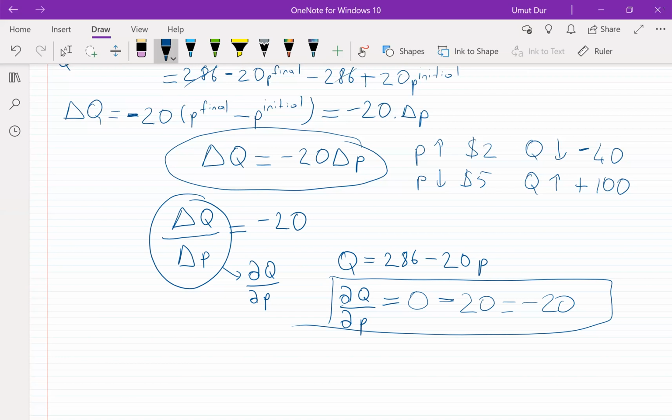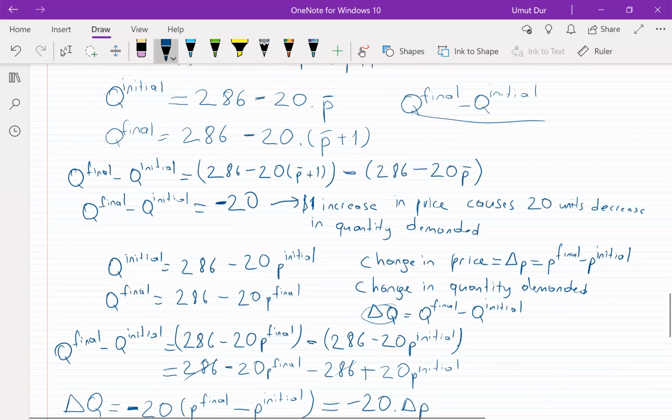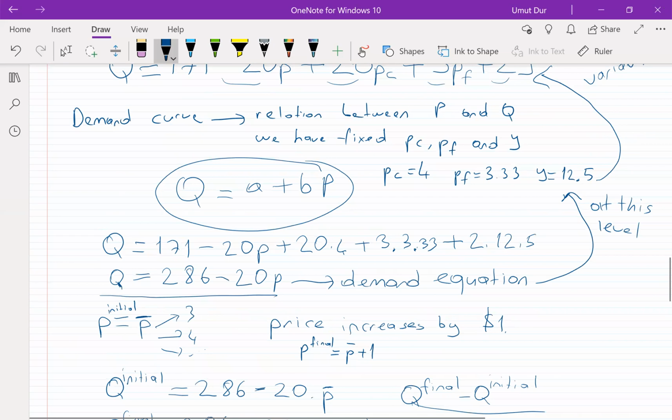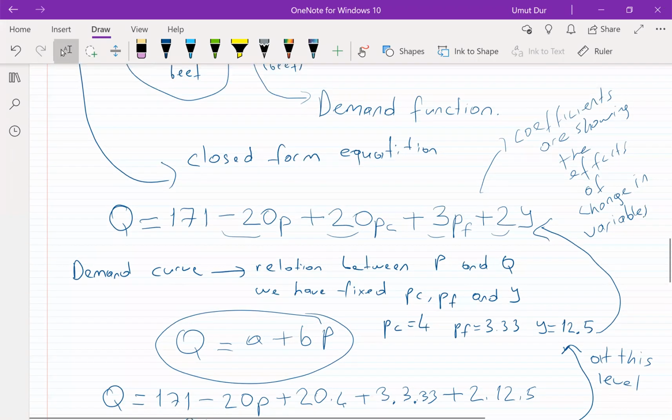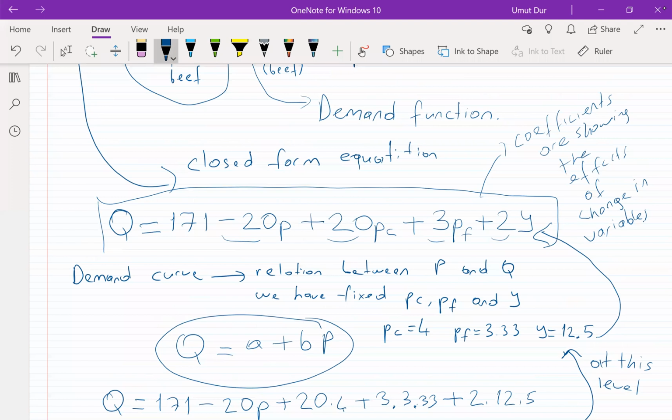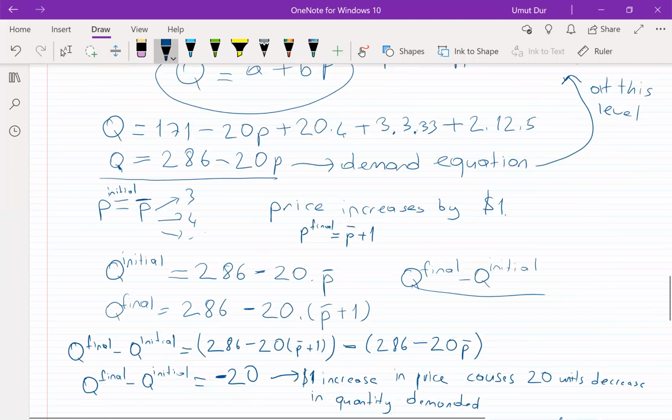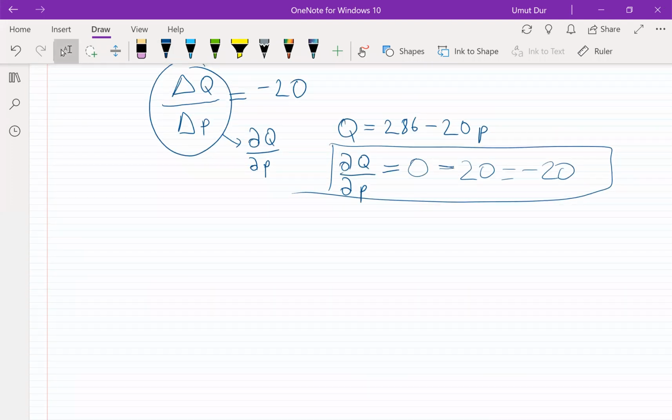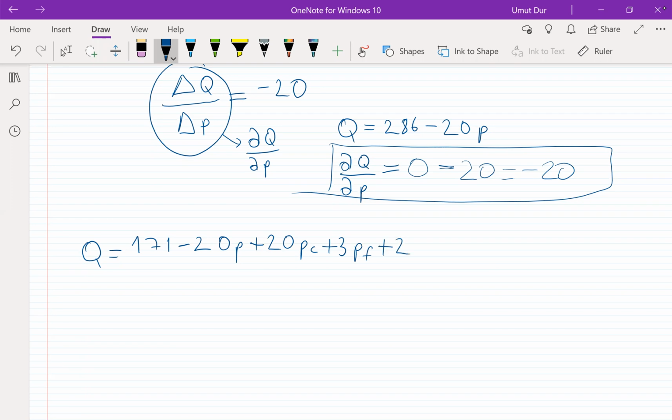So let's turn back to this initial equation. I will rewrite it again. Q is equal to 171 minus 20P plus 20PC plus 3PF plus 2Y.